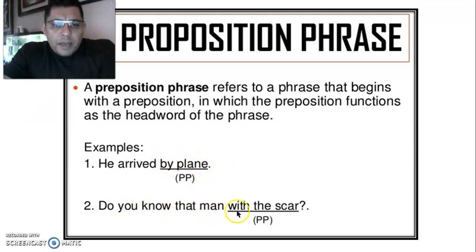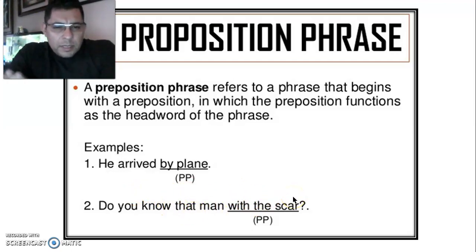Do you know that man with the scar? Again, we have you, which is my pronoun, and this pronoun is substituting the name of a person. So therefore, this you becomes a noun phrase. Know is the verb phrase. That man: here we have a word that is linking these two phrases, so therefore, this is a clause.